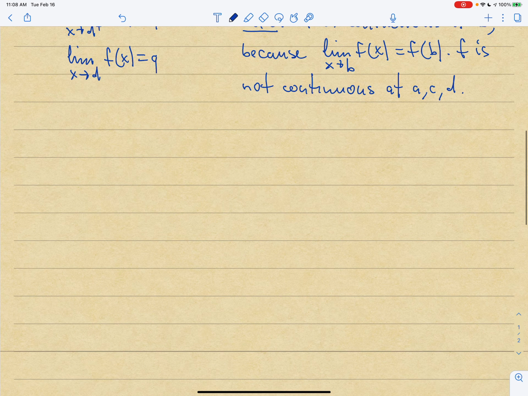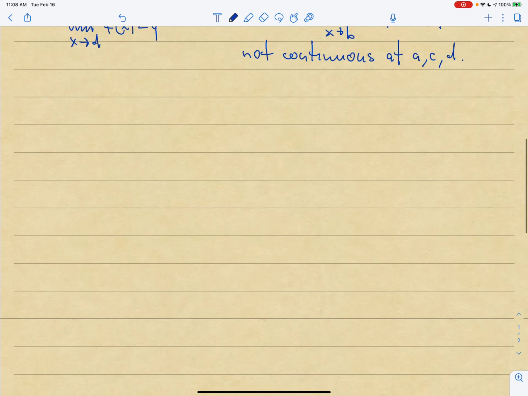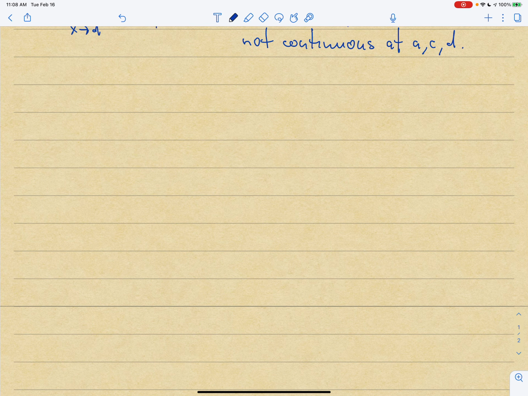Let me draw another graph. The definition of continuity. Not of continuity, of the limit. Again, it should be related to the definition of continuity.